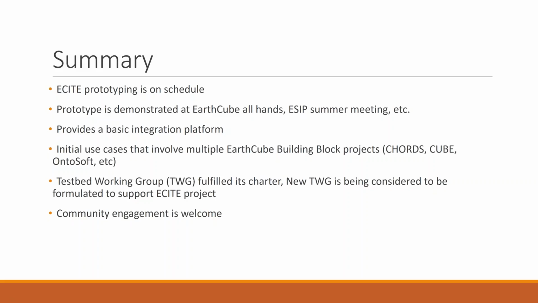And it provides a basic integration platform and initial use cases that involve multiple EarthCube building blocks. Projects include, for example, BCube and CHORDS, and the current Testbed Working Group has been providing guidance to this project, and a new working group is being considered to support this effort.